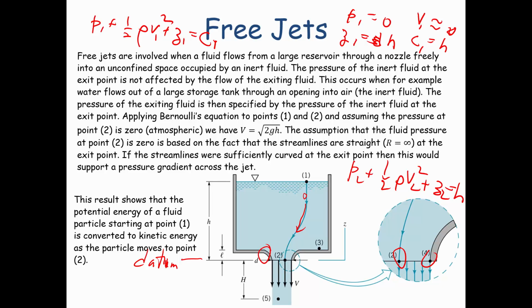Well, Z2 here at point 2 is equal to 0. The value of P2 here is just equal to atmospheric pressure, because the fluid on either side of this jet is at atmospheric pressure. PA is equal to 0.